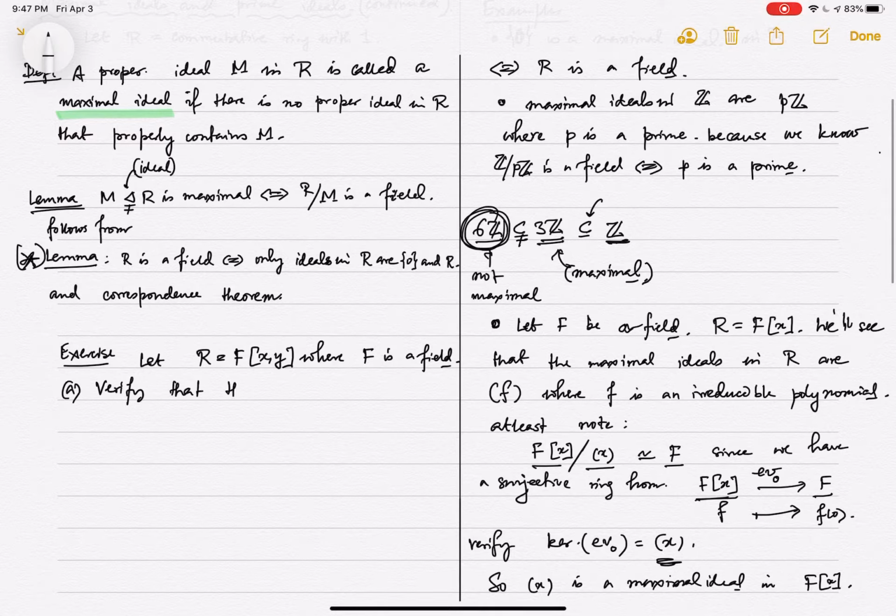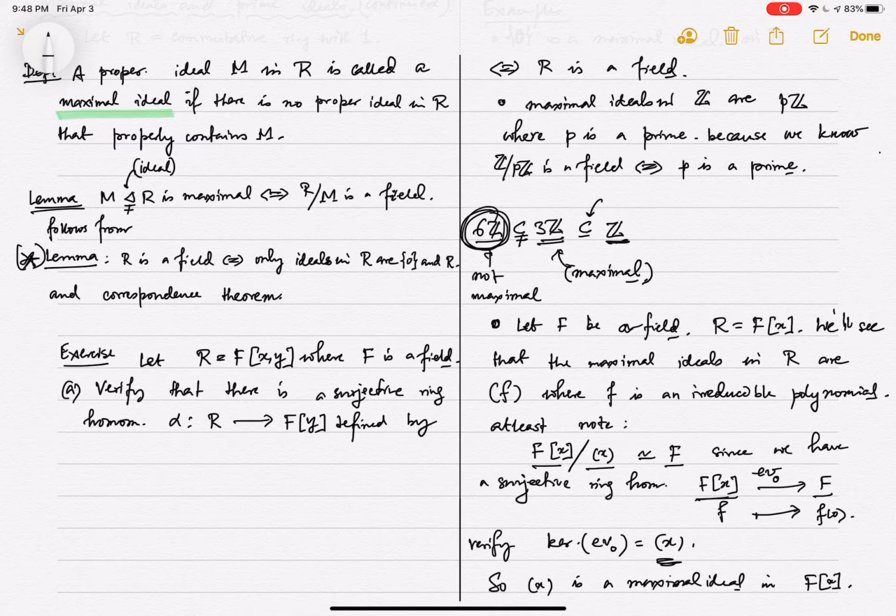So verify that there is a surjective ring homomorphism, I'm calling this alpha, from this two-variable polynomial ring to the one-variable polynomial ring, defined by alpha of f(x,y) equals f(0,y).